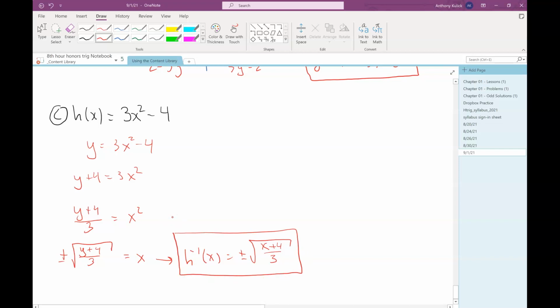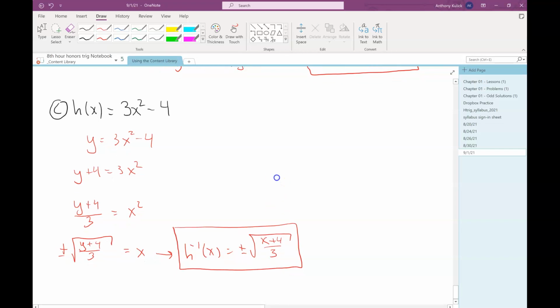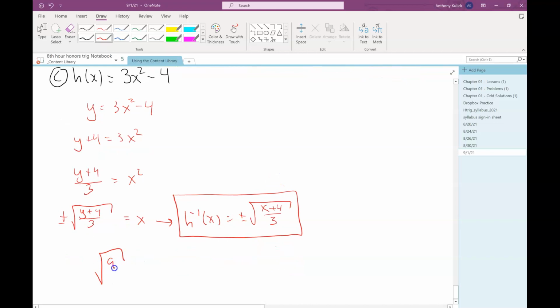Is it the same way as the square root of x plus 4 and then also the square root of 3? Yes, that means the same thing. So if you remember from last year, we would have talked about this identity. But if you do that, then you have to rationalize it. Unless the answer is all numeric, I'm not going to worry so much about a rationalized denominator.